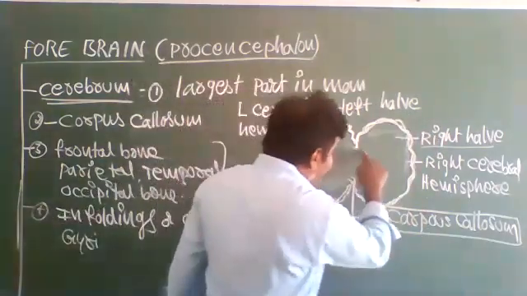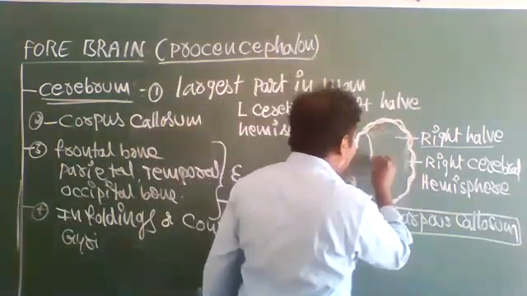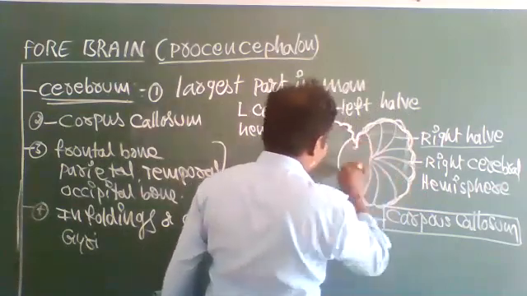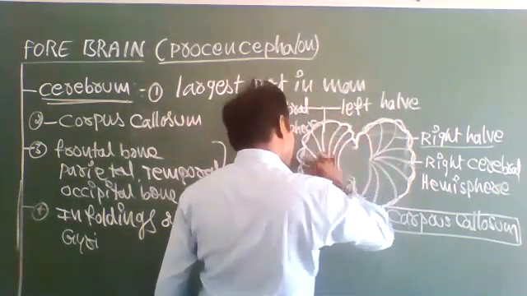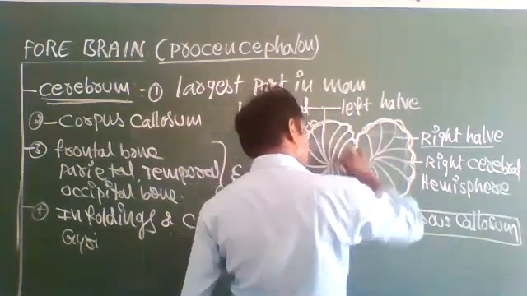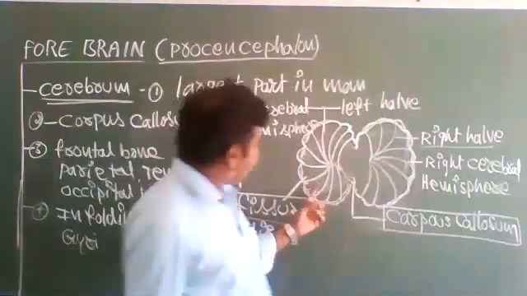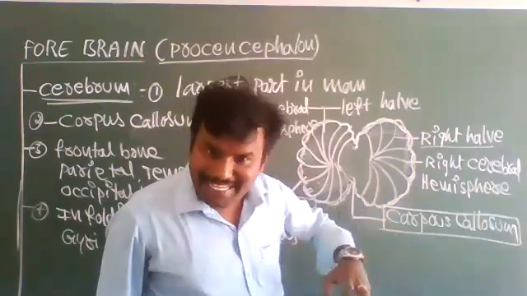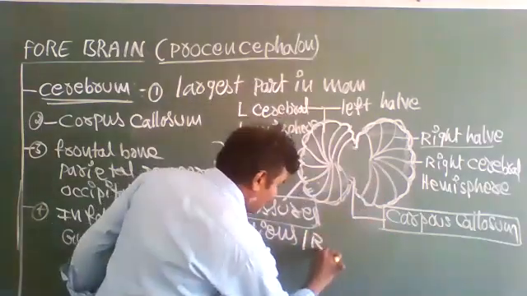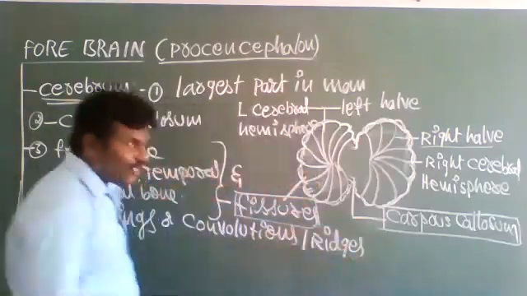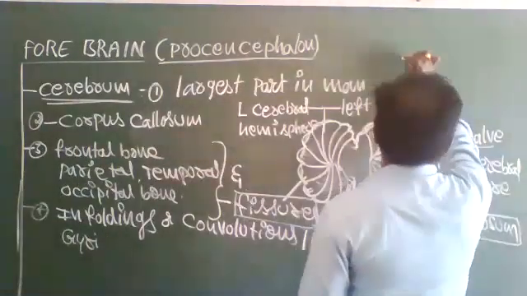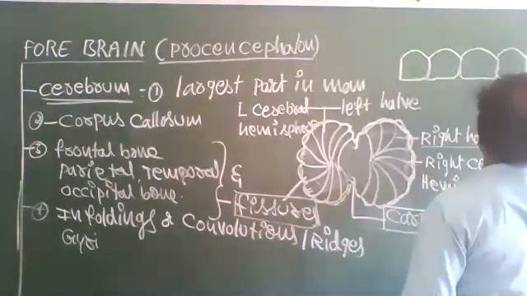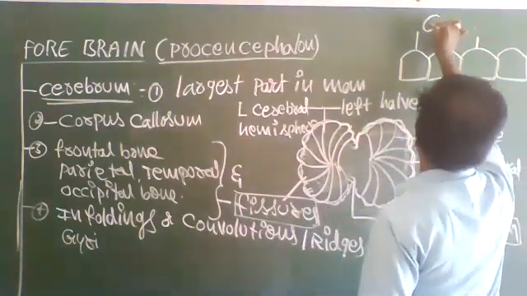From the cerebral hemisphere, it contains numerous infoldings and convolutions or ridges, gyri.